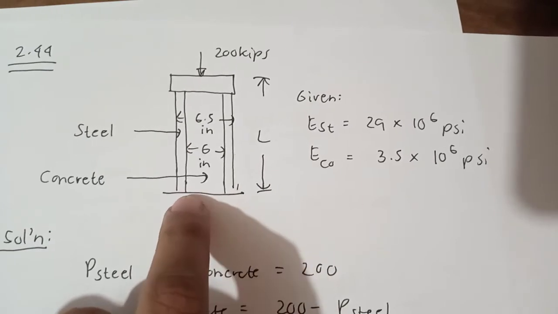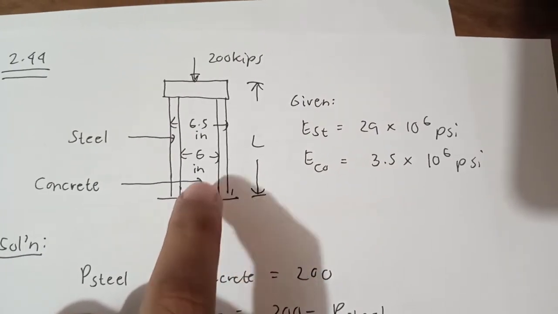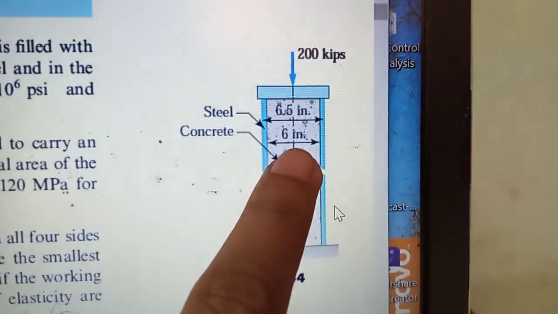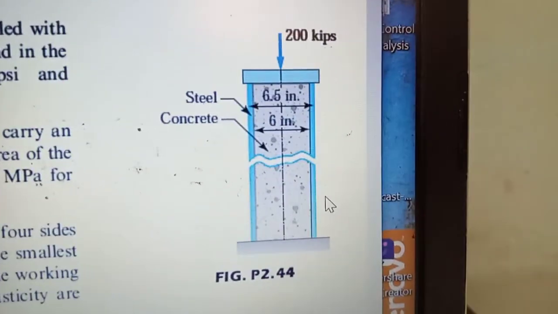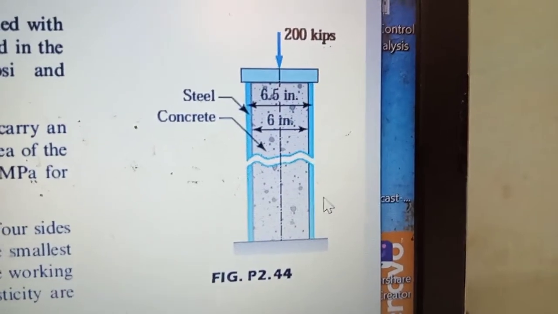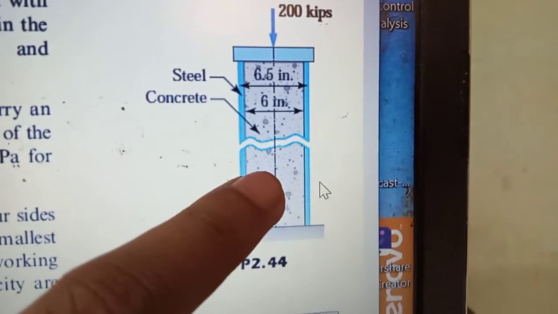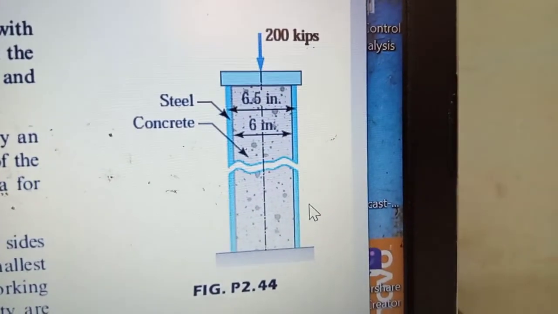For concrete, the diameter, copied from the figure, is 6 inch. For steel, the outside diameter is 6.5 inch, and it is hollow in the middle because it is filled with concrete instead of steel. So it has an outer diameter of 6.5 and an inner diameter of 6 inch.